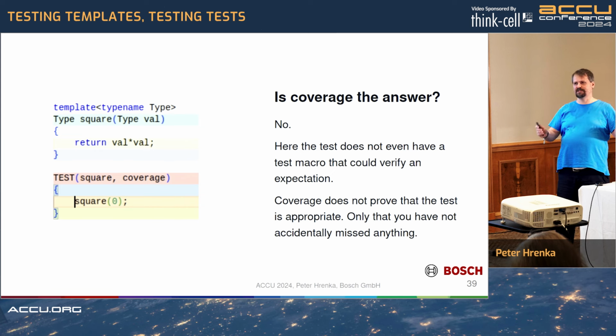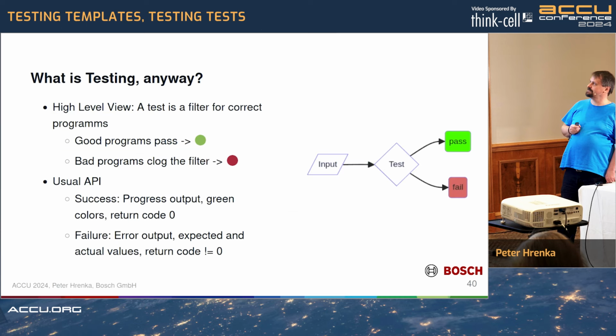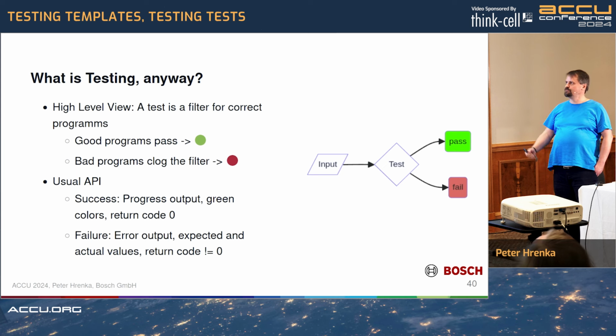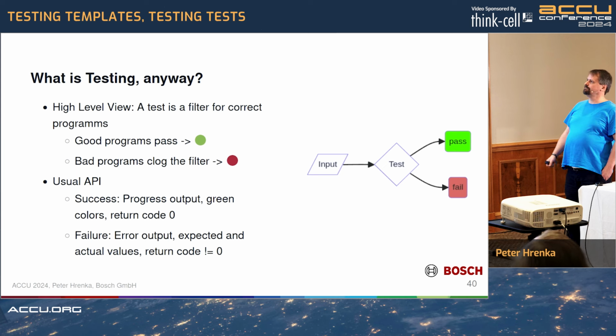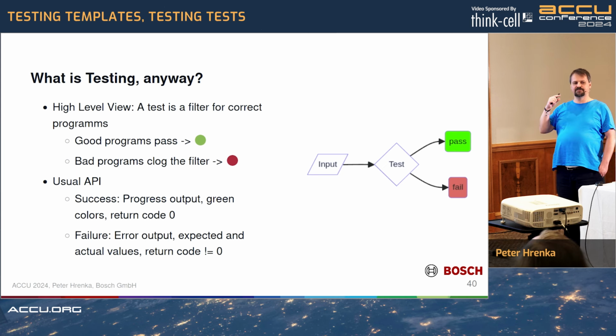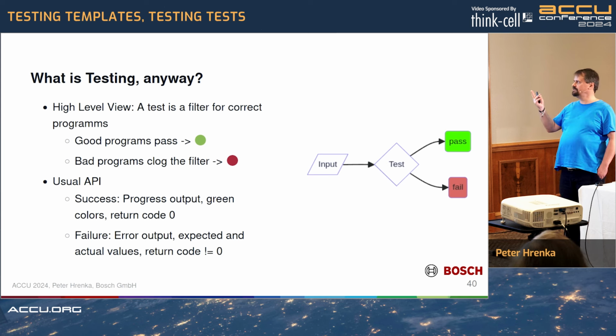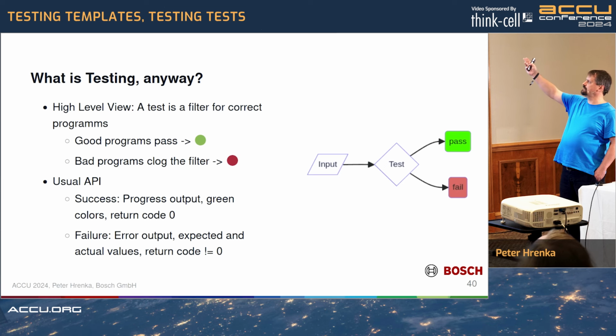Yeah, sorry, I present too many negative aspects here. But let's take another step back. So what is a test actually? What do we want? The picture that I have is that a test is some kind of filter. I have some inputs and the test says it's good or it's not good.